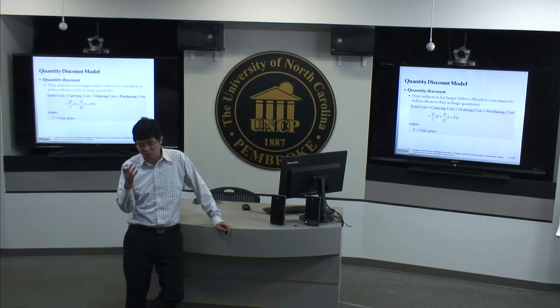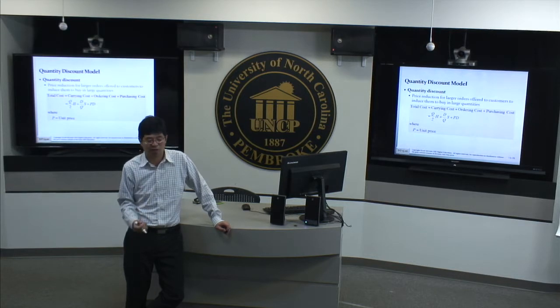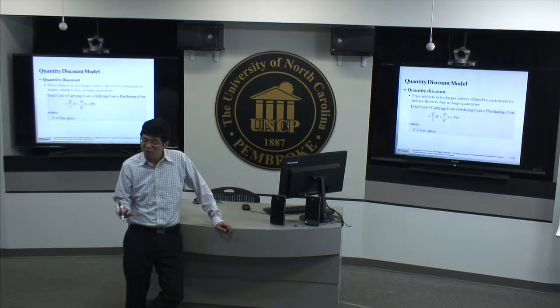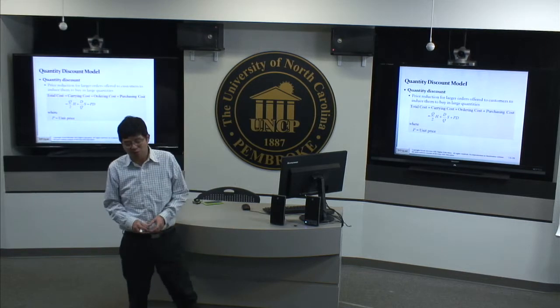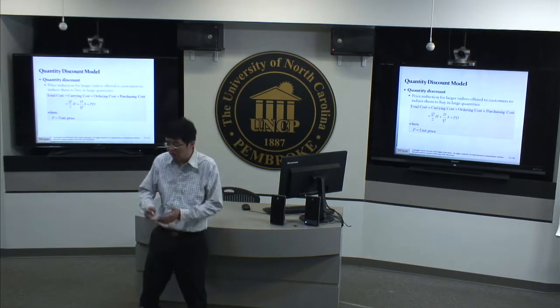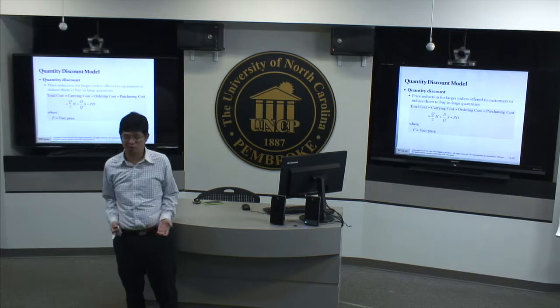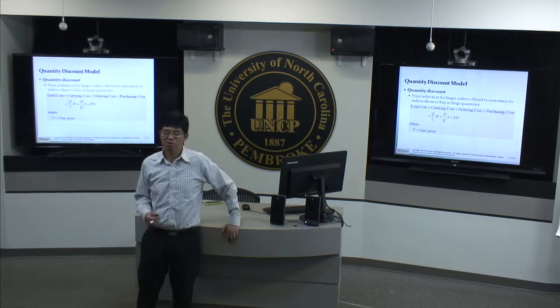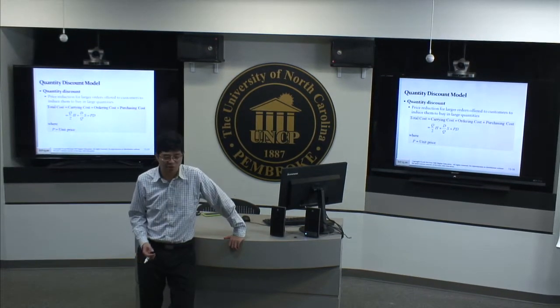P is the price per unit purchased, like bottled water at 20 cents per bottle. Makes sense that we should include it, because you definitely have holding cost and ordering cost, but you also pay purchase cost, probably most of the cost.